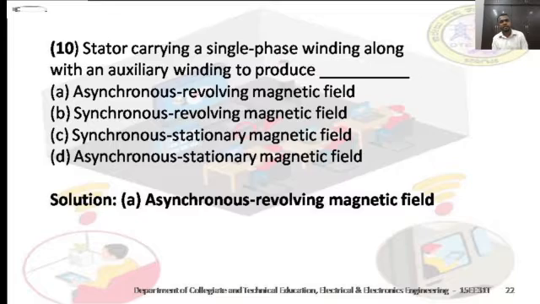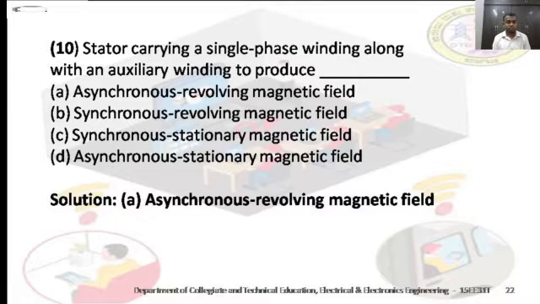The stator carrying a single phase winding along with an auxiliary winding to produce dash. So the winding of the stator consists of the main winding as well as the auxiliary winding. To produce what?